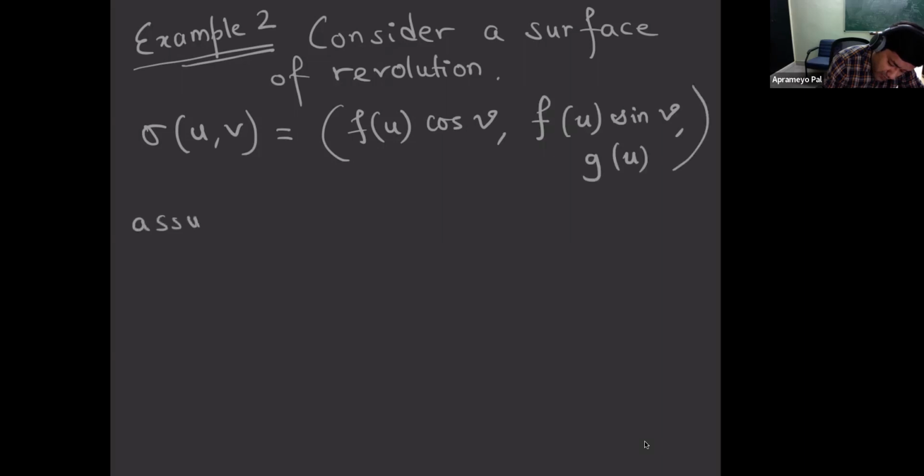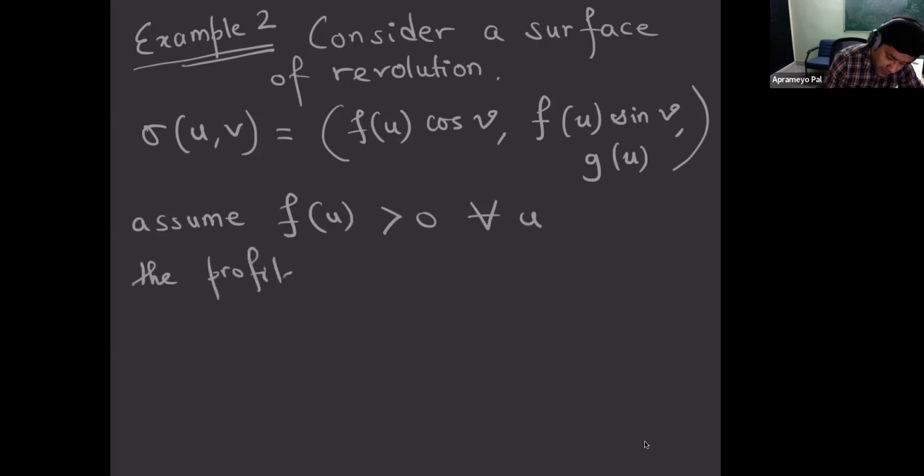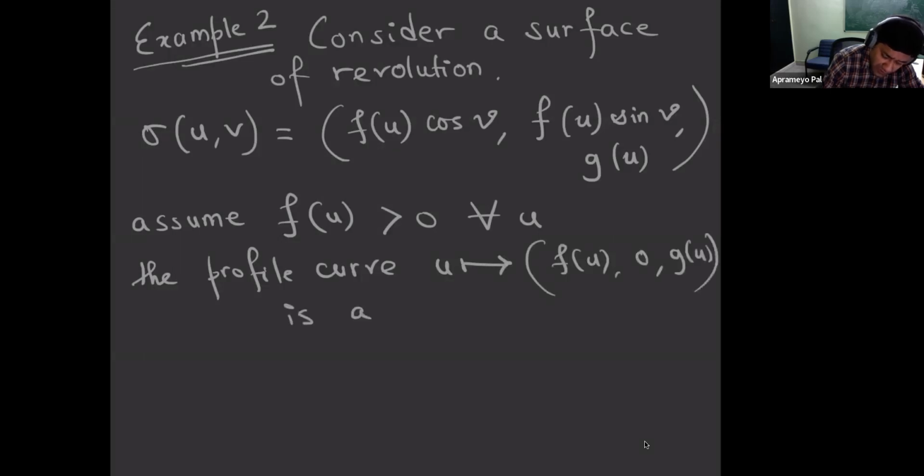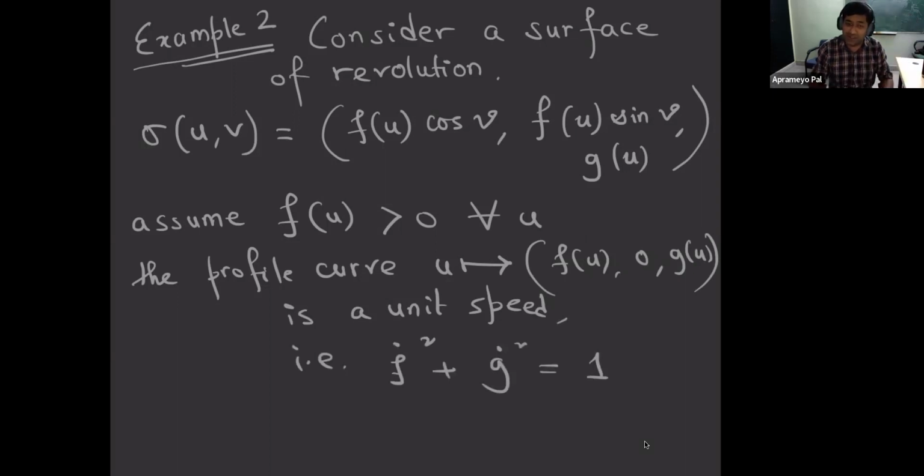You can also assume that the profile curve, given by u sending to (f(u), 0, g(u)), is unit speed. In other words, f dot squared plus g dot squared is 1. That's the whole assumption for this surface of revolution.